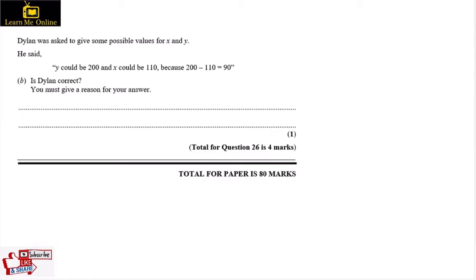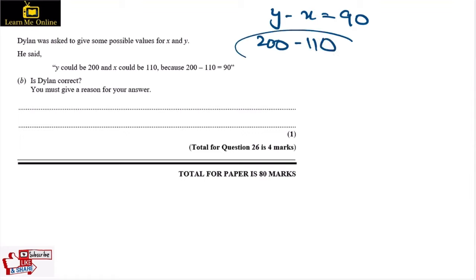So think about it. In the previous part we showed that y minus x is equal to 90, and the values that he thought of are 200 and 110, because he thinks that taking them away gives 90. So you need to state whether he is right or not.